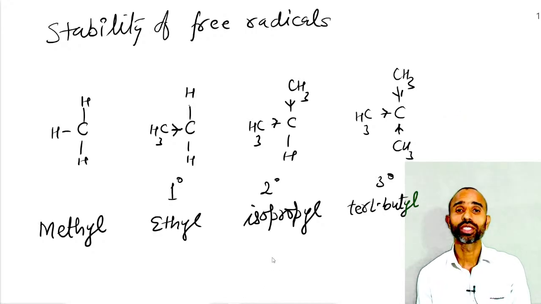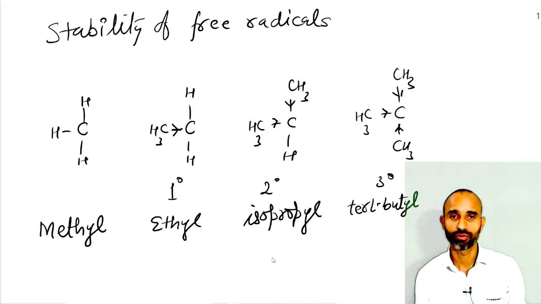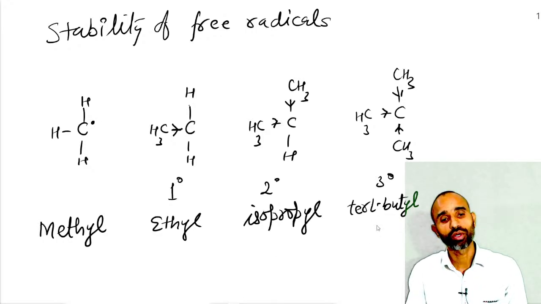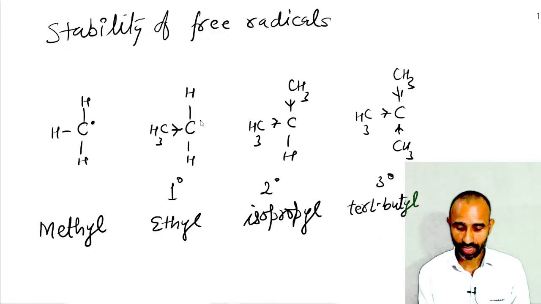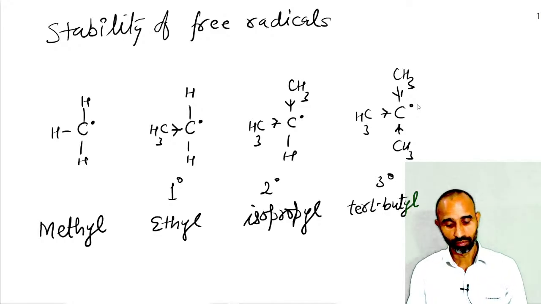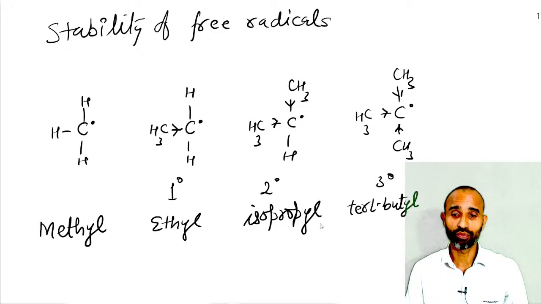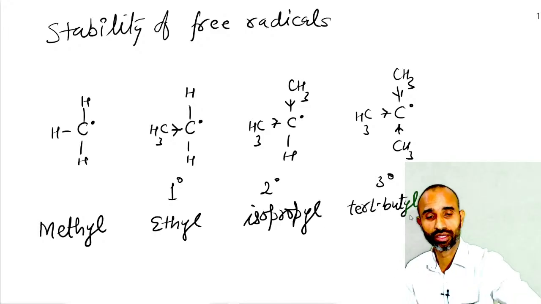It is a neutral molecule having one unpaired electron. So you know carbon has 4 valence electrons. Out of 4, 3 are shared with the other groups or atoms, and 1 electron is left unshared, and that's why it is called free radical. Methyl free radical, ethyl free radical, isopropyl free radical, and tertiary butyl free radical.